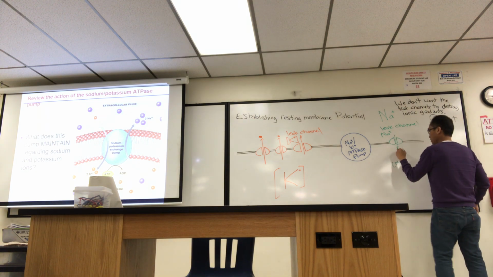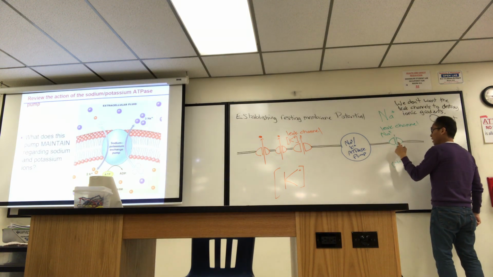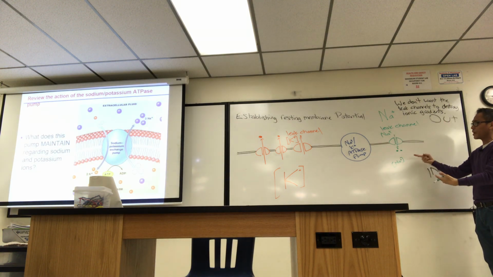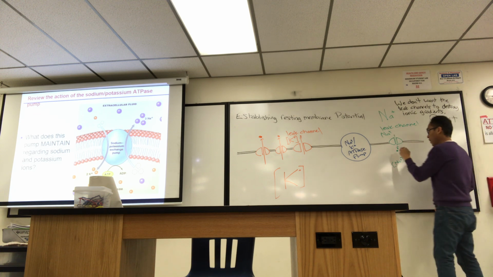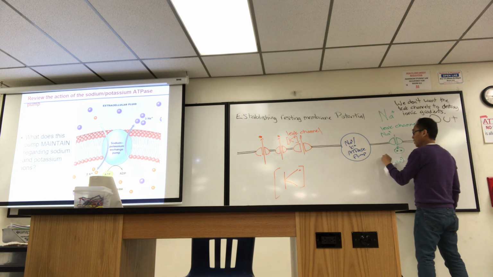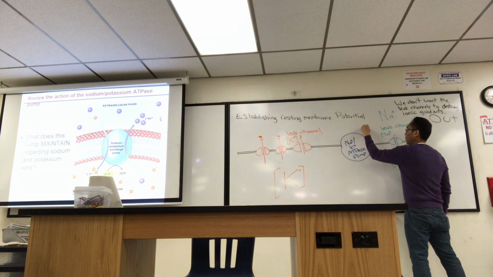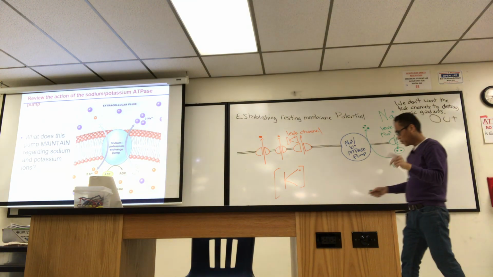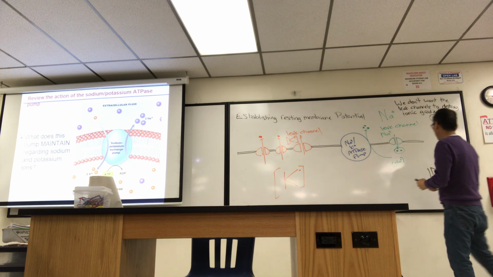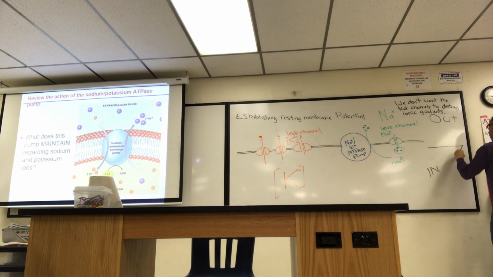Let me draw a couple other ones here. Sodium's leaking in, and it would destroy the gradient of sodium coming in, so we want to pump it back out. So imagine these 3 being pumped back out. I think your book gives an analogy of guys in a fishing boat, but there's a hole in the boat.